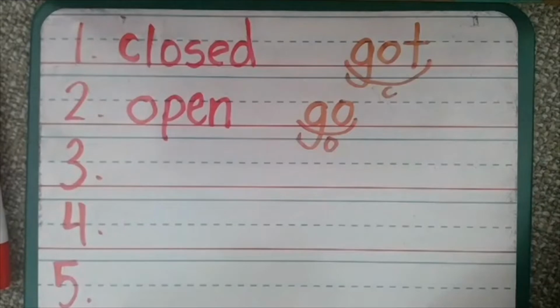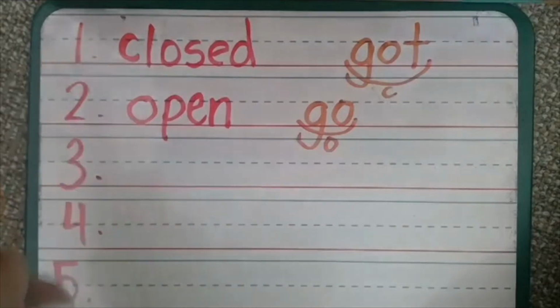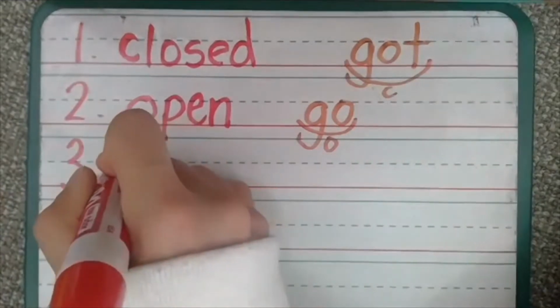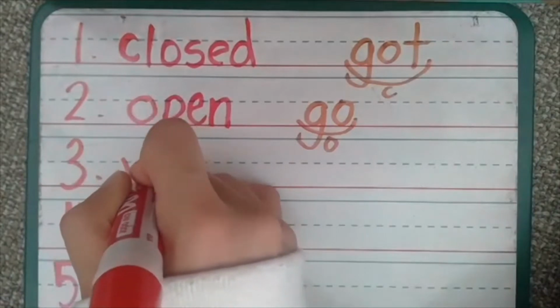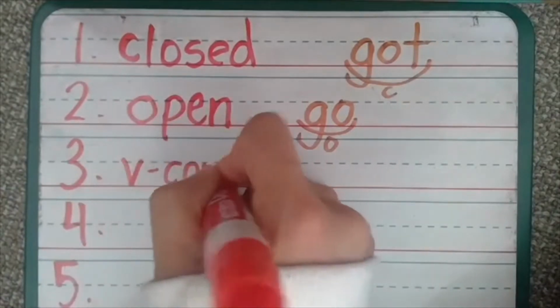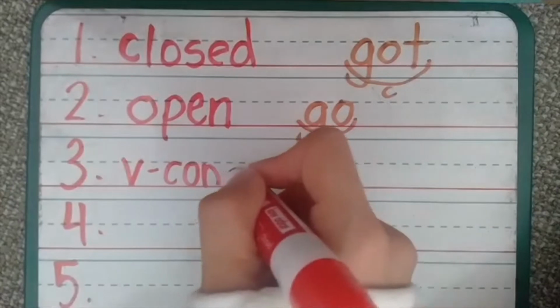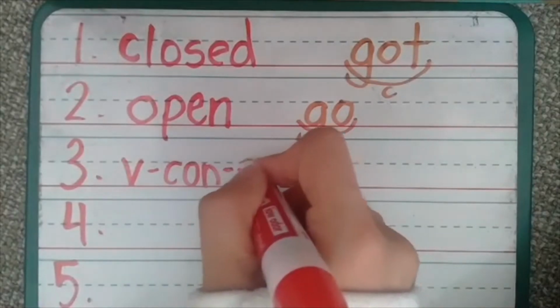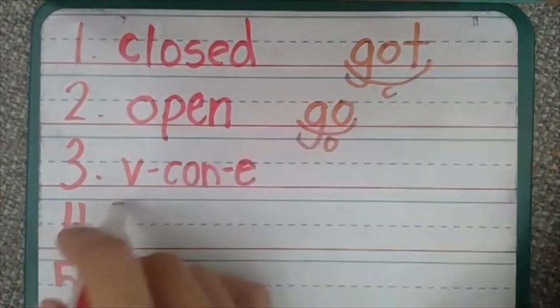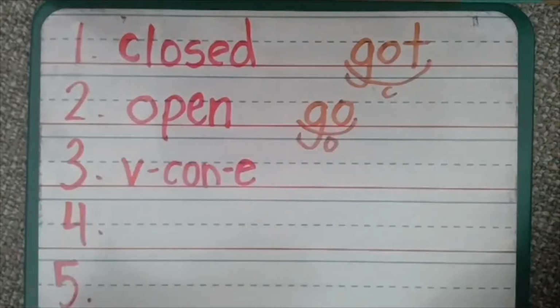Now another syllable we learned this year was a vowel, and I'll do a V, consonant, E. Vowel consonant E. Think of a word that has a vowel consonant E in it.